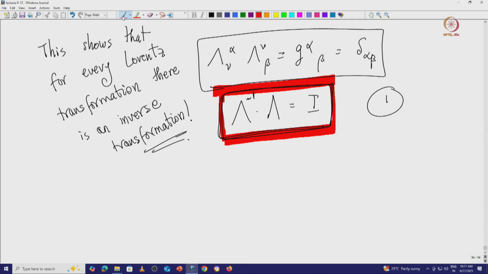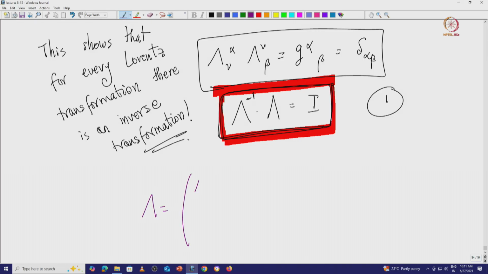Say for example a generic Lorentz transformation, lambda.